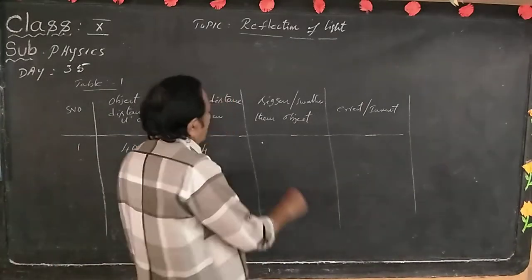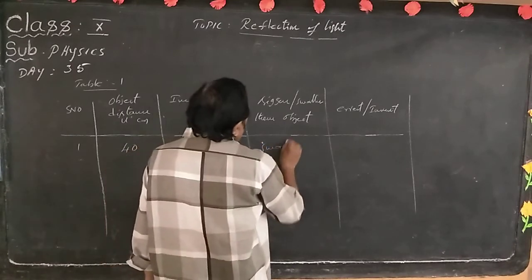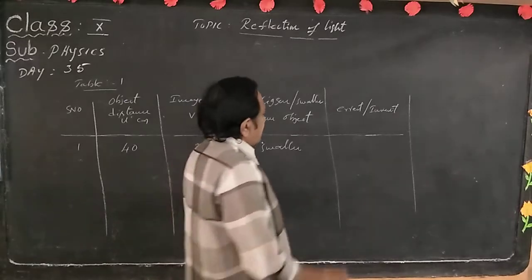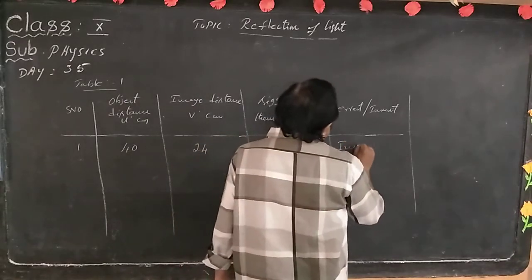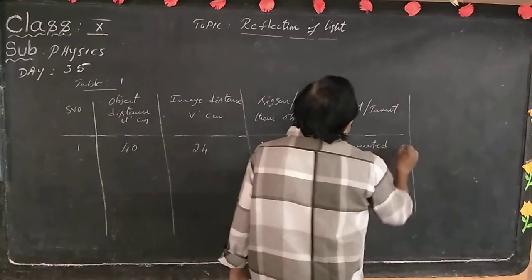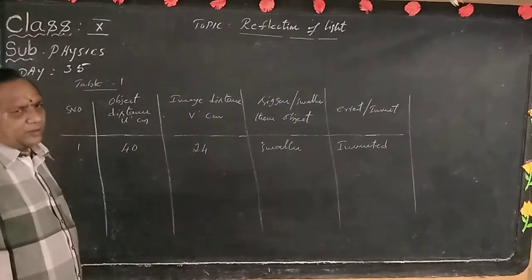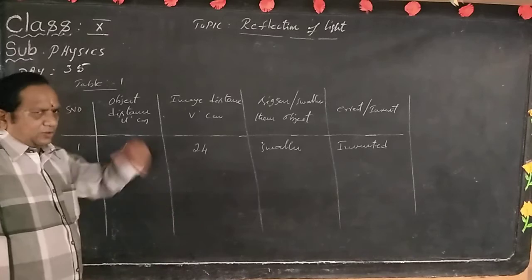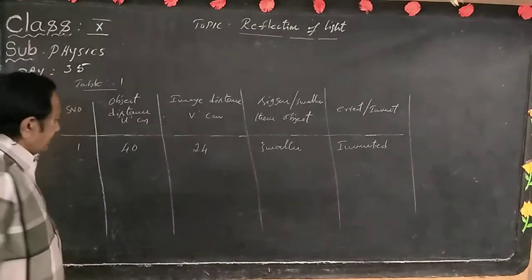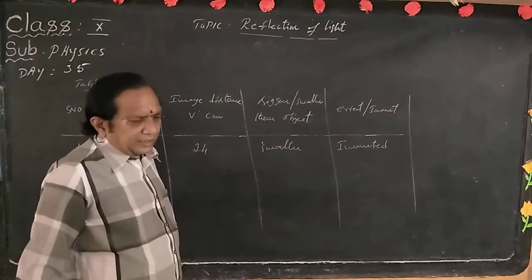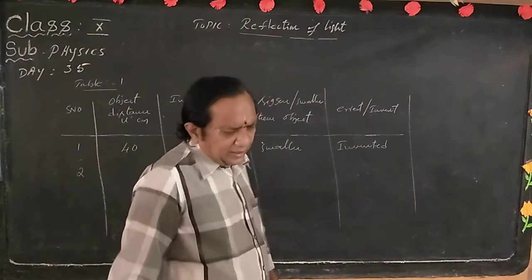The image is smaller than the object, and its nature is inverted. In a concave mirror all images are inverted except in one condition, so we have to show it in the ray diagram.